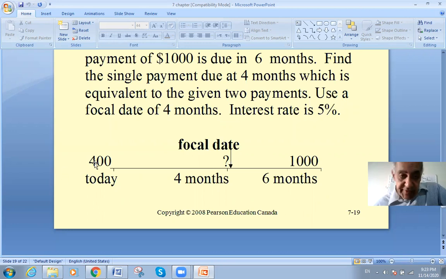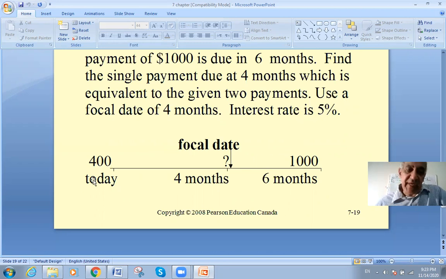But going backward, this $1,000 you get the present value. You have to get the present value.